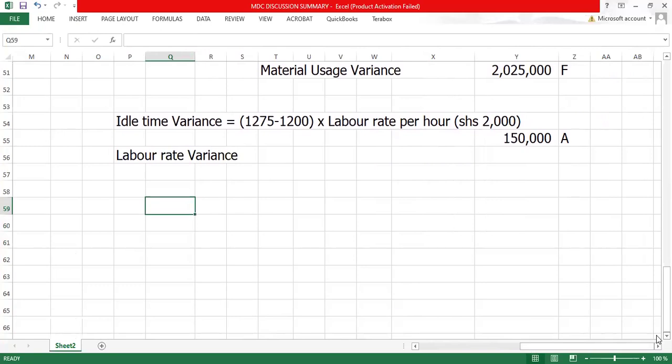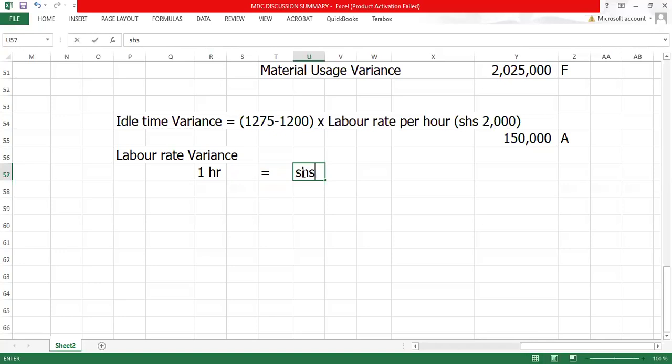Labor rate, you are looking at how you're going to pay your workers. You are paying these workers based on what? Is it per hour or per output? Based on the standard cost card, these guys are paid per hour. So the question is, what is your budget for 1 hour? You're planning to pay these guys how much?